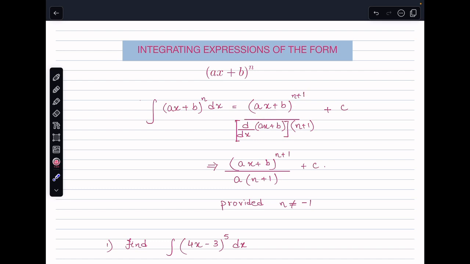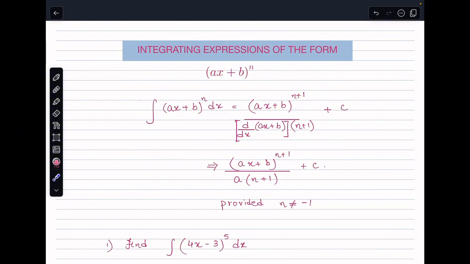Then in the denominator I shall be having the differential of the linear expression ax + b, times n + 1. We know in integration we always divide the expression by n + 1, so it's also getting divided by n + 1, and then adding the constant c.